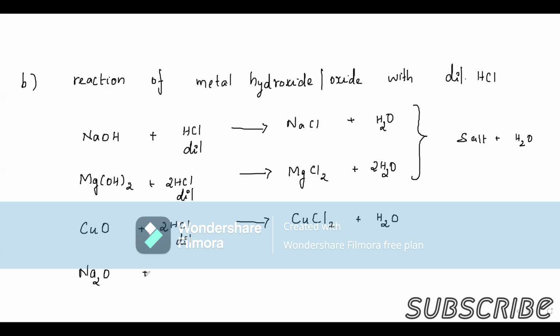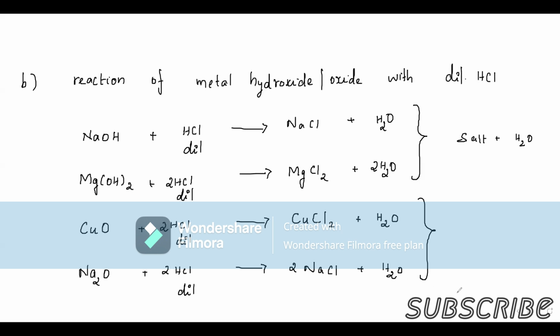Then the last equation with sodium oxide: sodium oxide and dilute HCl gives us the salt, sodium chloride, as well as water. So whether it is a hydroxide or metal oxide, your products remain the same, that is, the corresponding salt plus water.